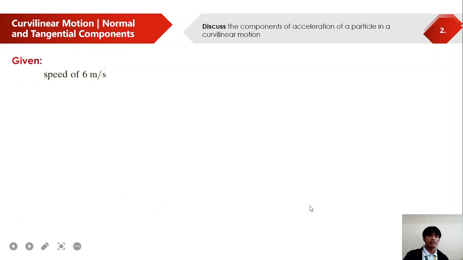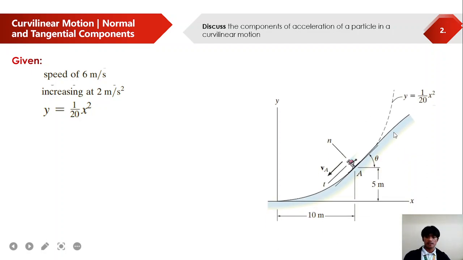So given is the speed of 6 meters per second, the acceleration 2 meters per second squared, the function y is 1 over 20 x squared, and this figure. You have your initial position of your skier at 10, 5.